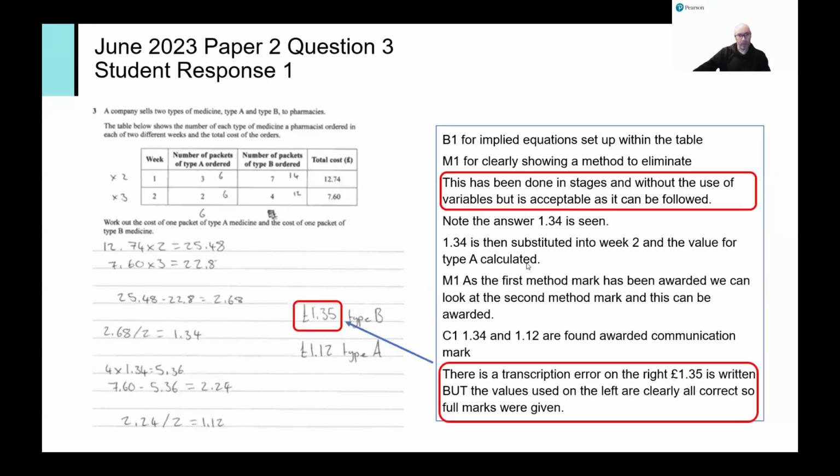So here we've got an example of a transcription error. We see here the student didn't actually write the equations themselves. They just used the table, but they've done it correctly. We can see their working out is implied by these ×3 and ×2. So they got the B1 mark for the implied equations, and they also did the elimination method.